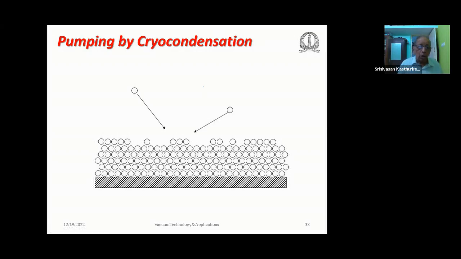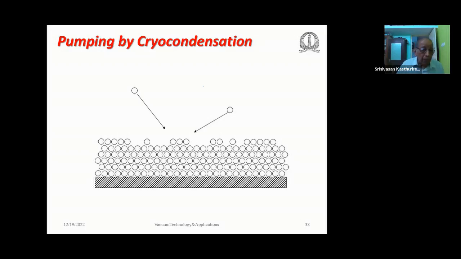This process is called condensation, cryocondensation. So in cryocondensation, you have one layer which is very much tied to the base, next layer, 3rd layer, 4th layer, etc. As you keep on increasing the number of layers, the temperature of the layer becomes higher, higher, higher.